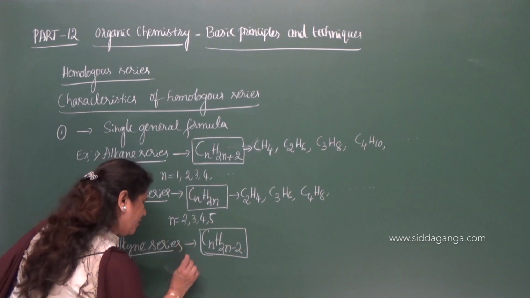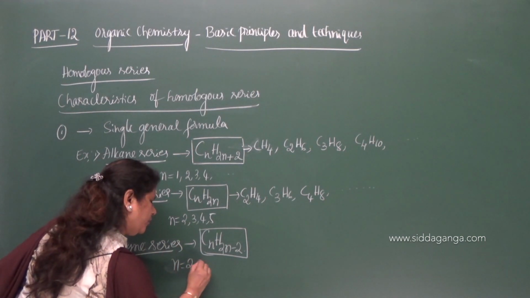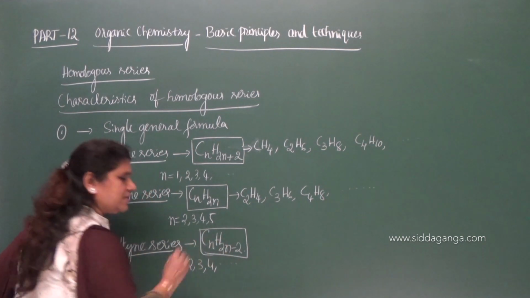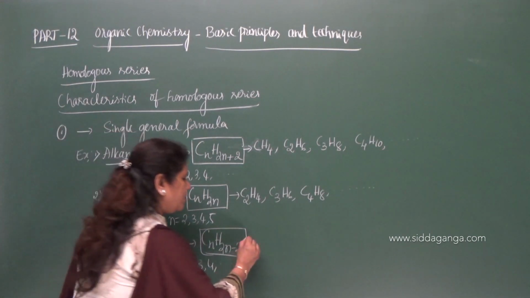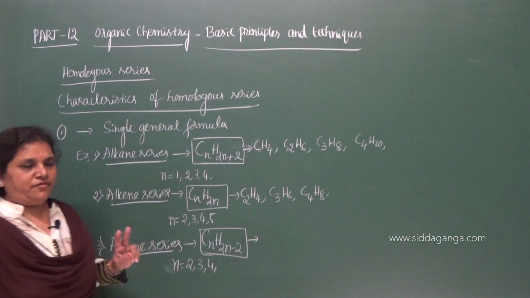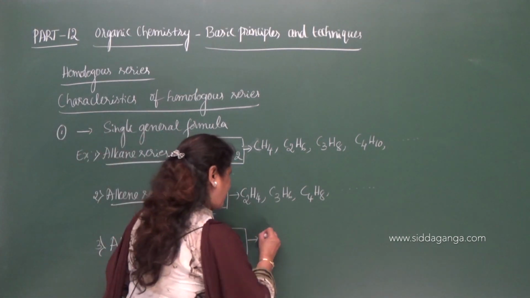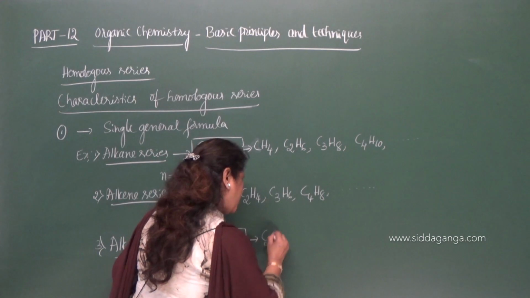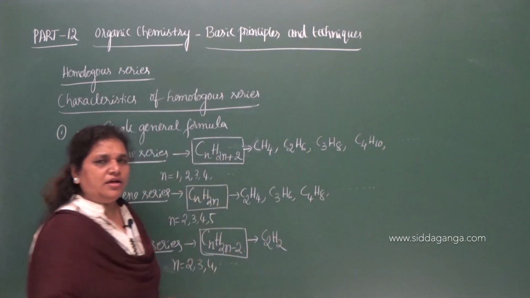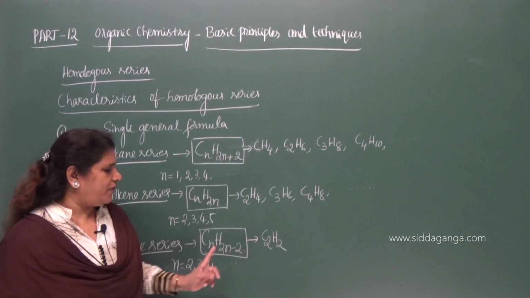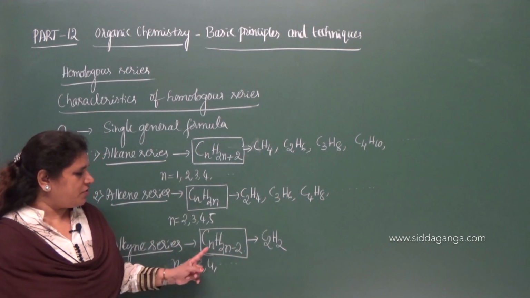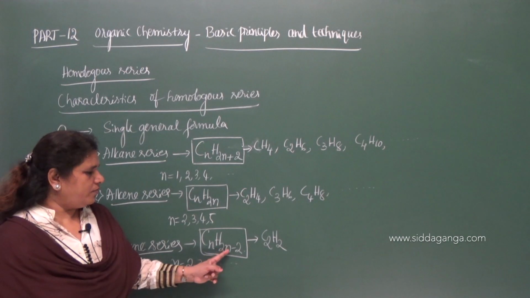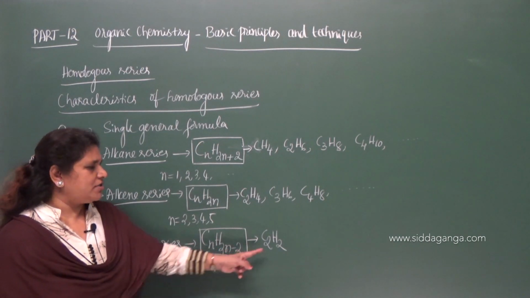Again, n is equal to 2, 3, 4, etc. So it also starts with 2 carbon atoms, because a triple bond is formed between the 2 carbon atoms. So the compound will be C2H2, the first member of the alkyne series, that is ethyne. C2H2: see here, two 2s are 4, 4 minus 2, 2.